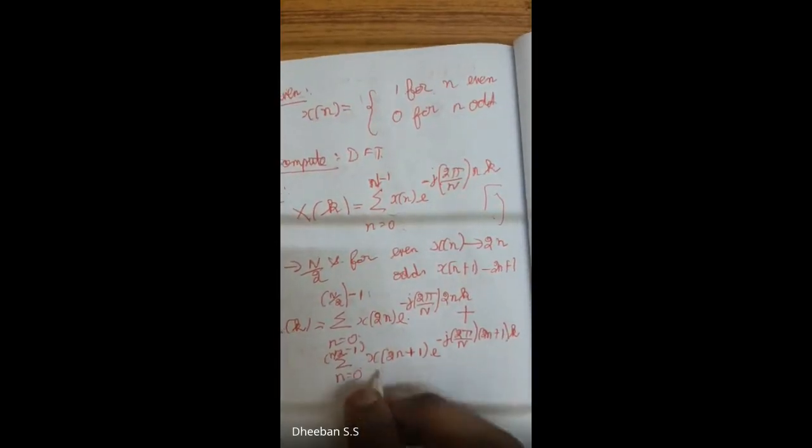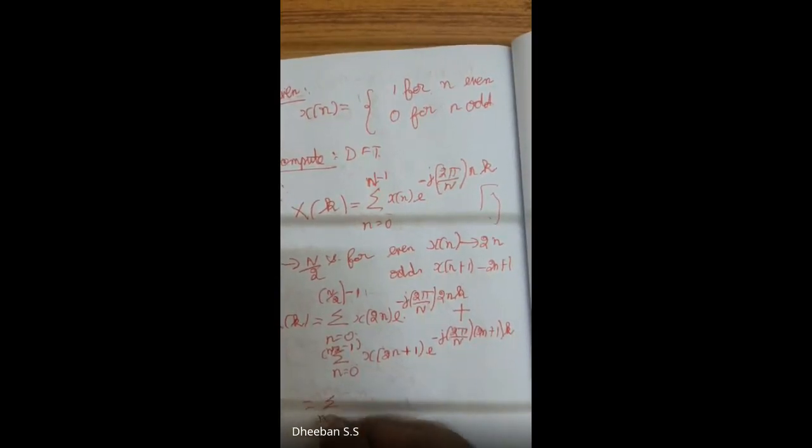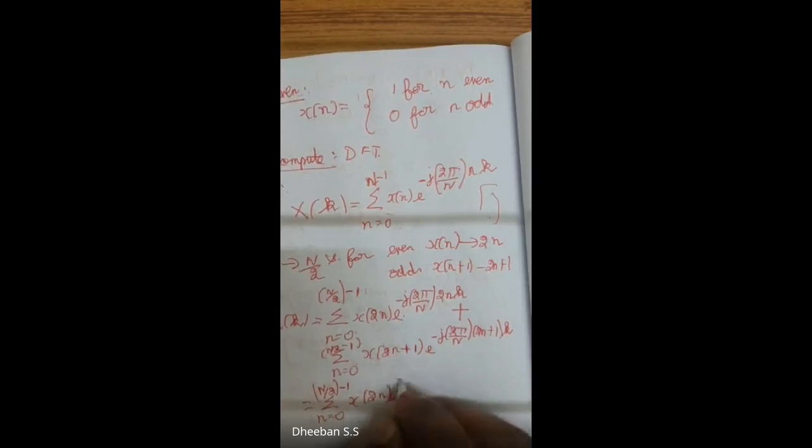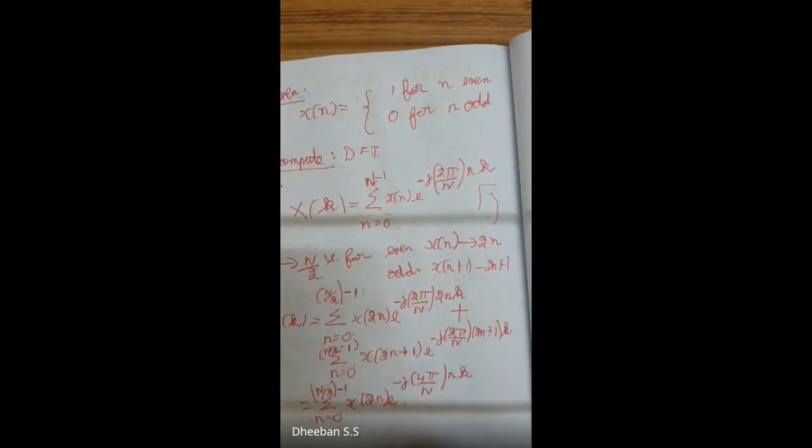Okay. So now upon substituting we will be getting summation n equal to 0 to n by 2 minus 1 of x of 2n e power minus j, so 2 you bring it inside, 4 pi by n into nk. Okay.